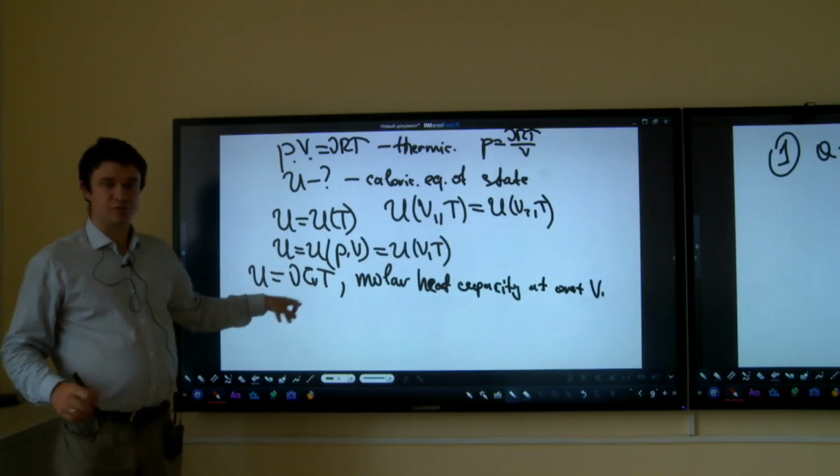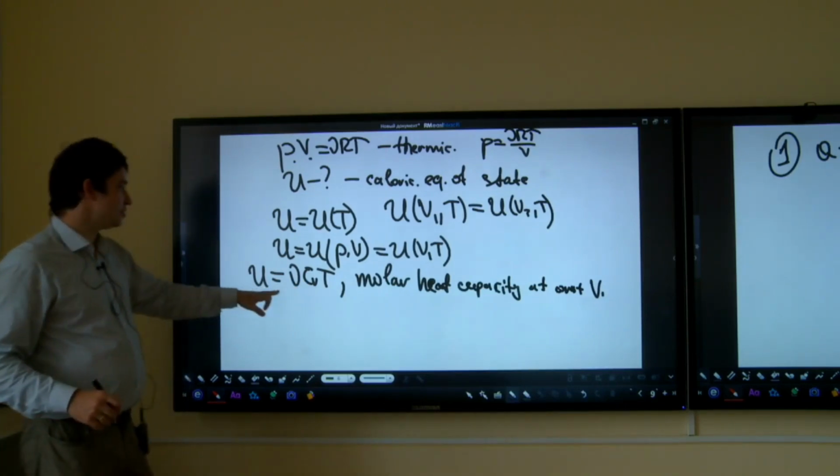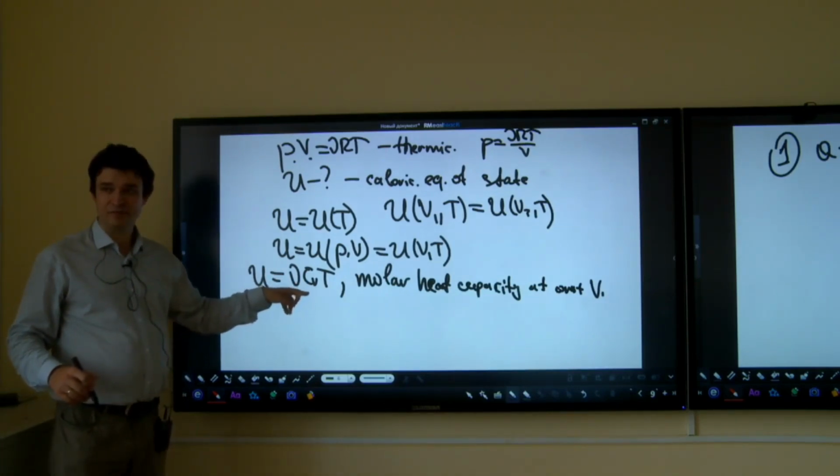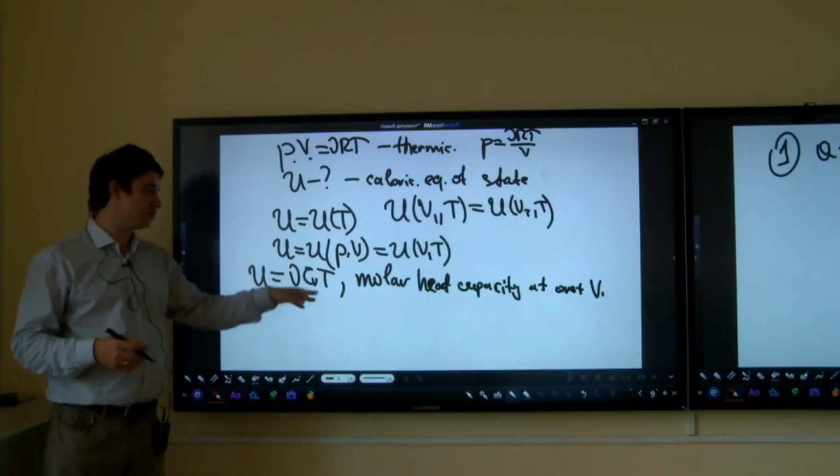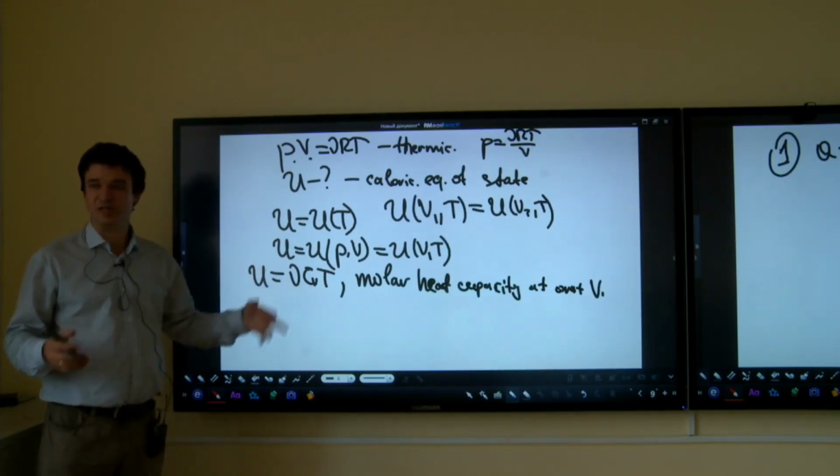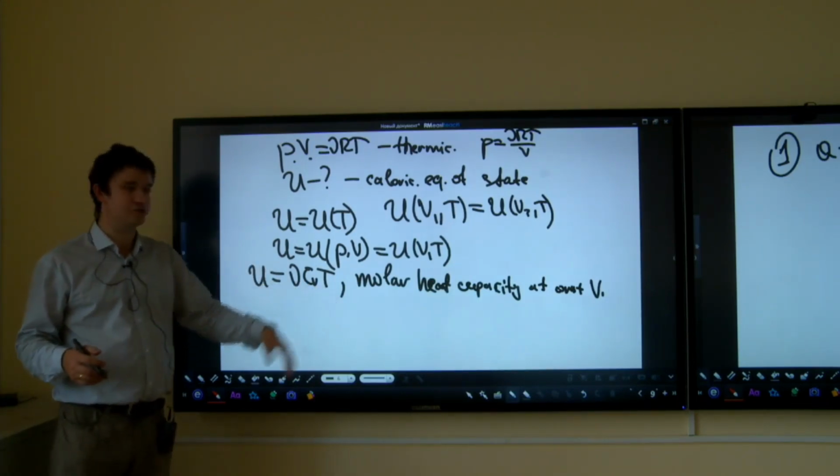I will soon explain why it is so, but there is some constant here, the gas heat capacity at constant volume.